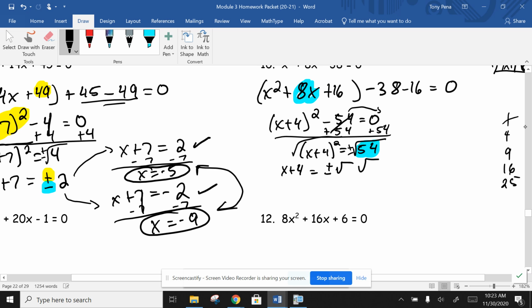So the 1 we don't really ever need to worry about. The 4 doesn't go in evenly. If we do a 9 though, 9 should go into 54 evenly, correct? That should be 9 times 6 should give us 54. So let's simplify that first. So we'll get plus or a minus 3 root 6.